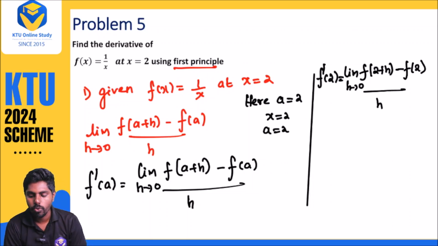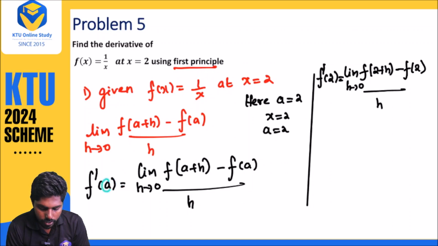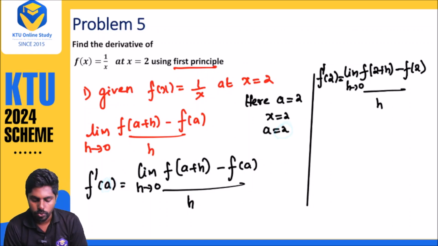So this is the thing we want to identify. In place of a, I am just replacing it with 2, wherever I am writing a.